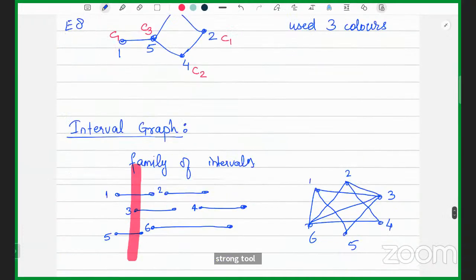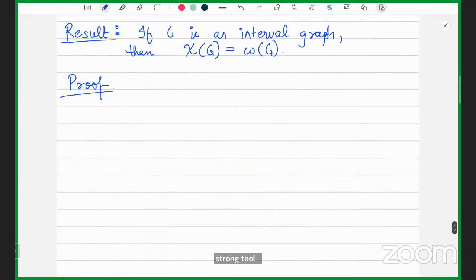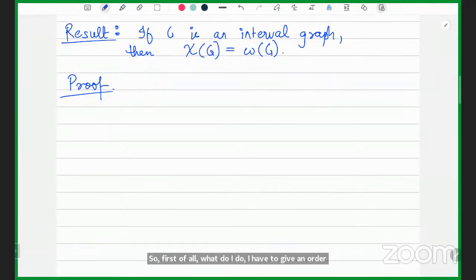So first of all, I have to give an ordering to the vertices of this interval graph. I give the ordering to the vertices according to the left endpoint.